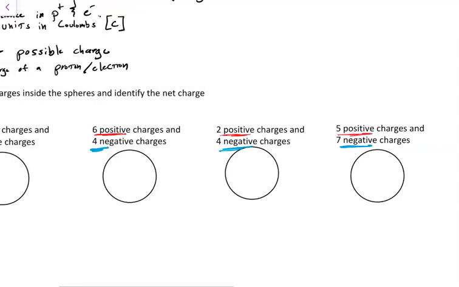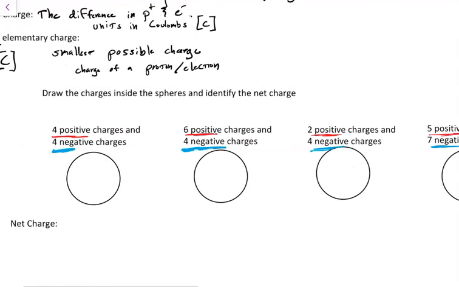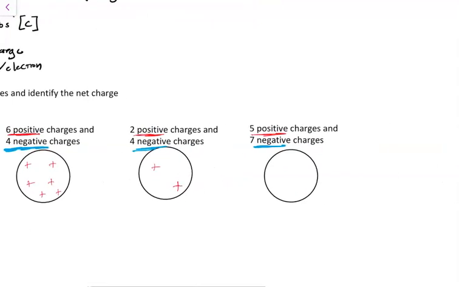What we're going to find out is we want to look at the net charge of each one. So I will draw 1, 2, 3, 4. I'm going to do them all. 1, 2, 3, 4, 5, 6. 1, 2. And 1, 2, 3, 4, 5.